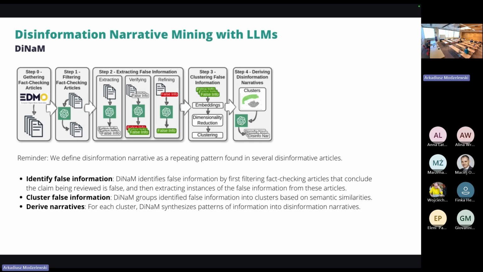We firstly filter, because DINAM works on fact-checking resources. So we filter fact-checking articles, and we conclude whether the article reviewed false information, because a fact-checking article may conclude that something is reliable or that something is false, for example. Then we just wanted to include fact-checking articles that concluded that the fact-checked information was false.